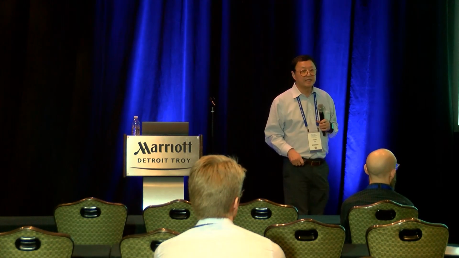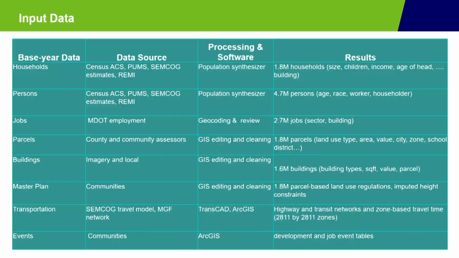So for input data, this is closely related to the data I described earlier that we develop all the time. We have population and household data mostly from census and American Community Survey, and jobs or employment data. We work with Michigan Department of Transportation and work on two employment data sources: Data Axle, that's what they're called now, and Dun and Bradstreet.